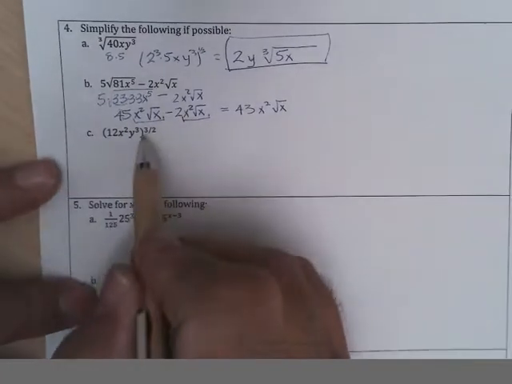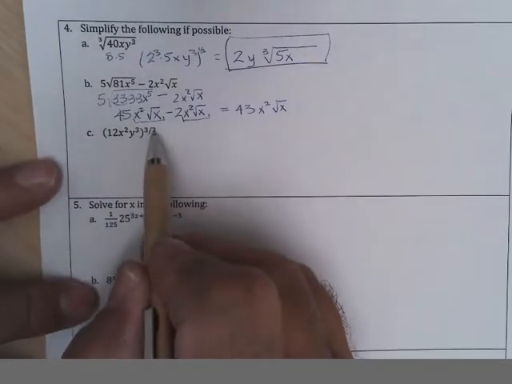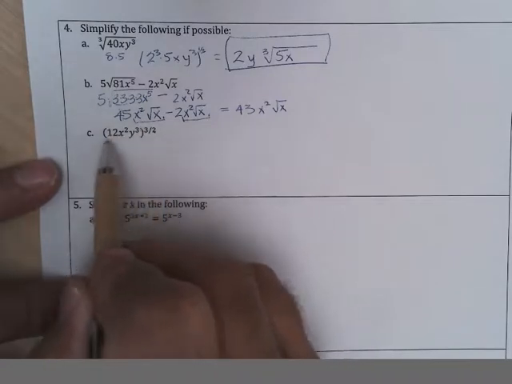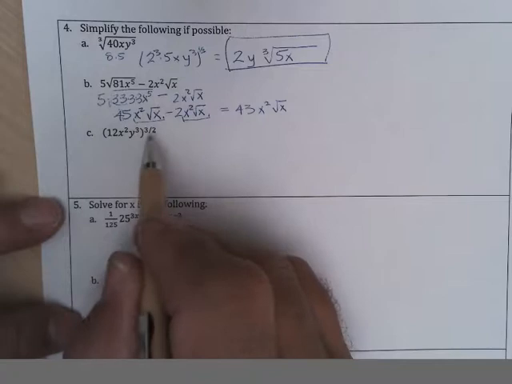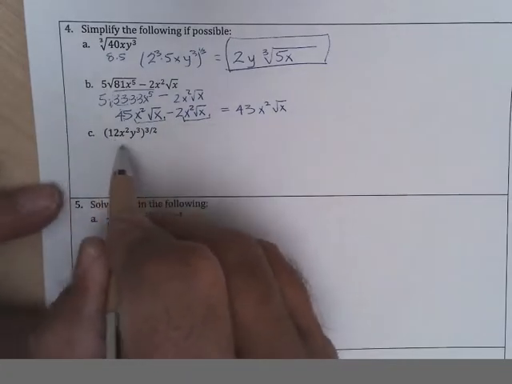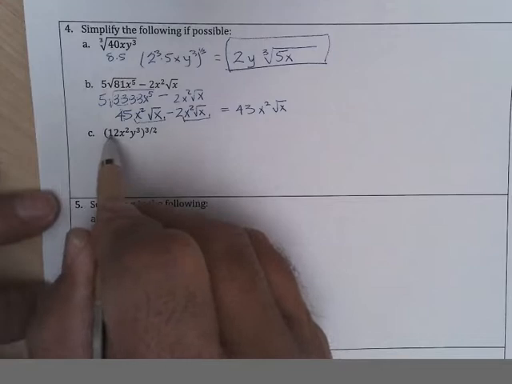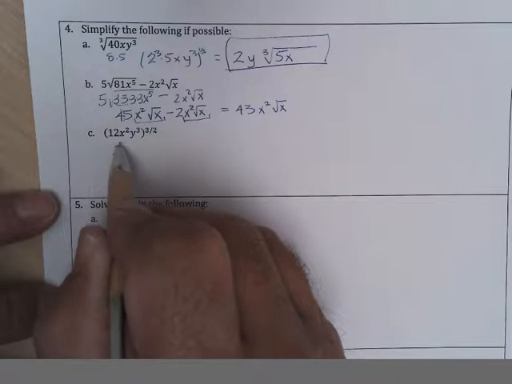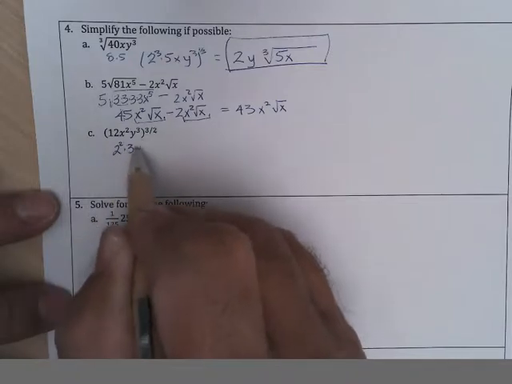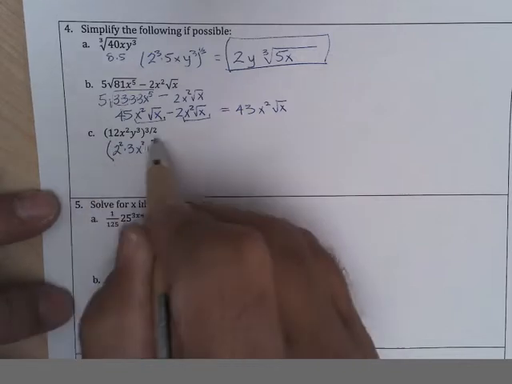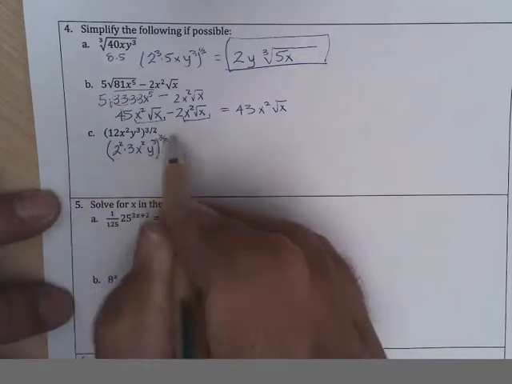Next one. We're taking the square root, but we're doing of 3 of these. It's saying this is cubed and square root. Now some people did this with powers. So I'm going to do it with powers and then I'll do it the other way. So 12 is 4 times 3, or 2 squared times 3 times x squared times y to the third to the 3 halves.